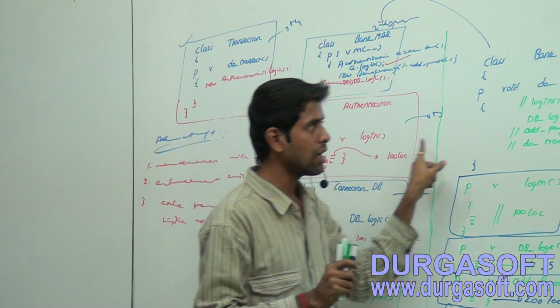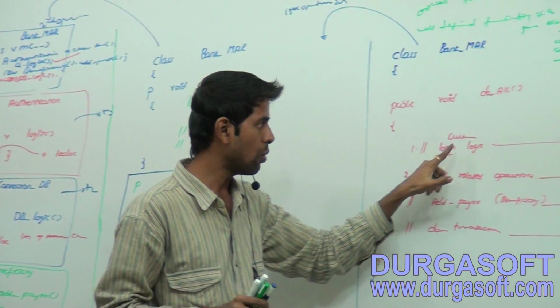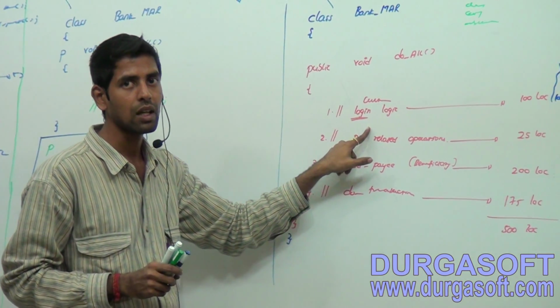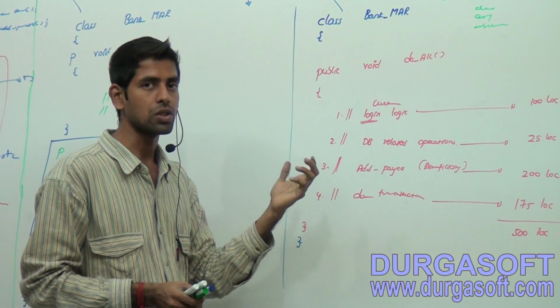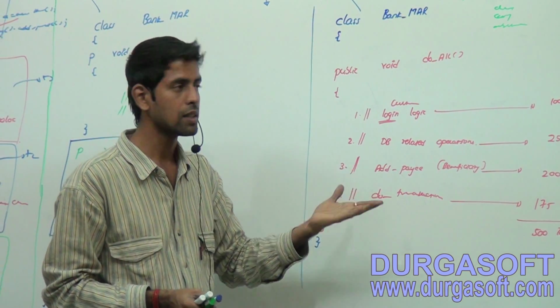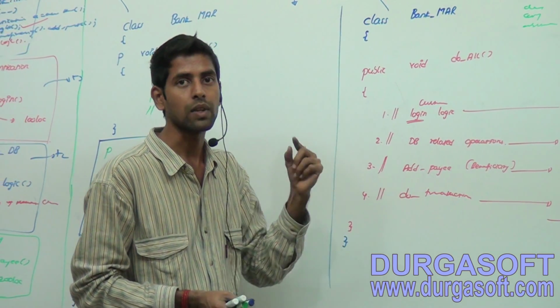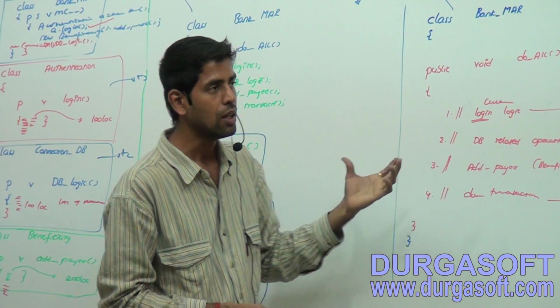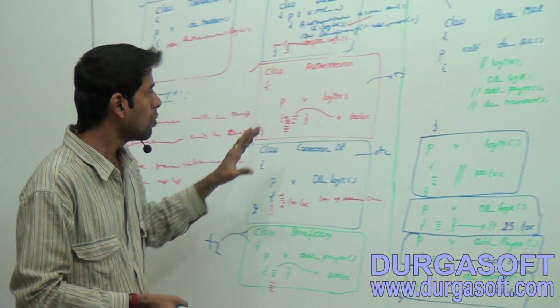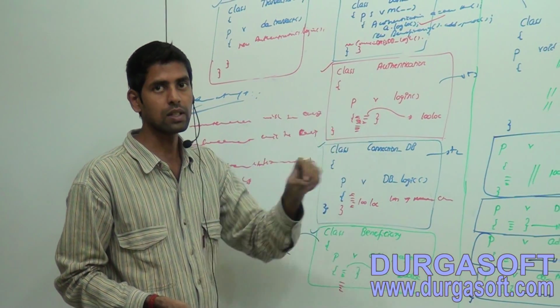Here, if a customer wants to do login, in the single class the remaining lines of code are executing unwantedly. Unnecessary action you are performing. Now here only the login module code is executing.